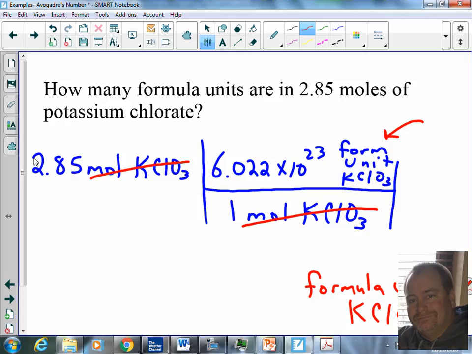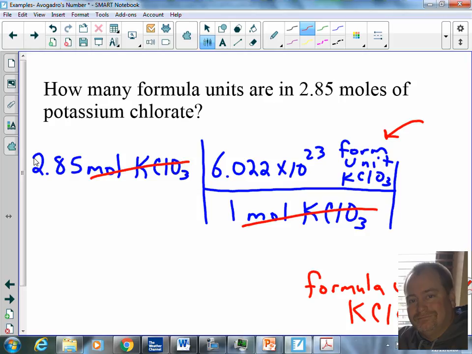Is that what I want to define? Yeah. Okay. So all I need to do is, in my calculator, I plug in 2.85, and I multiply that by Avogadro's number, and I come up with a value.